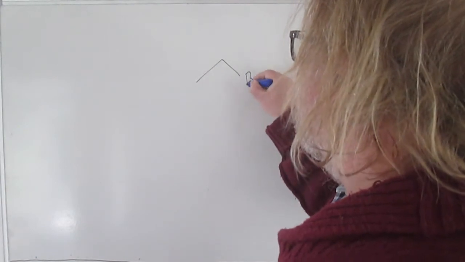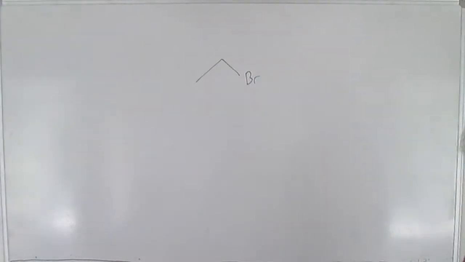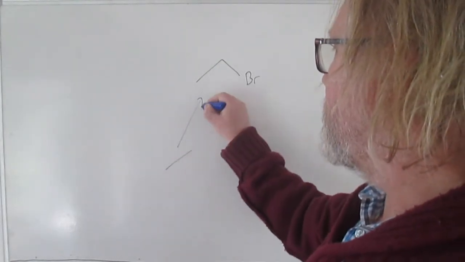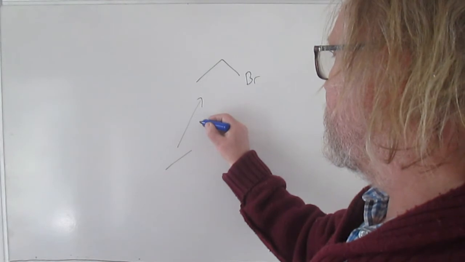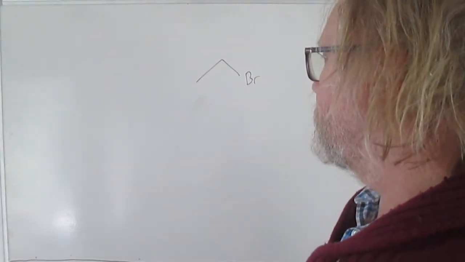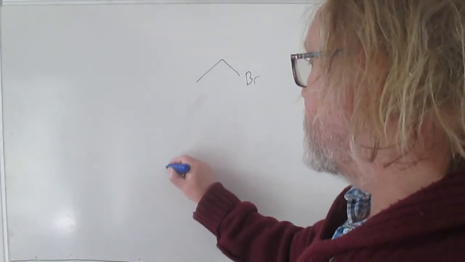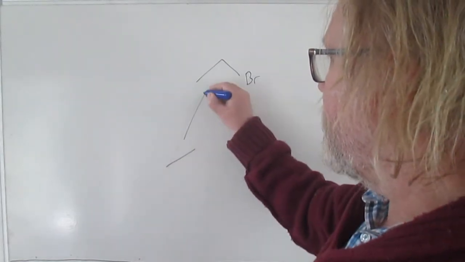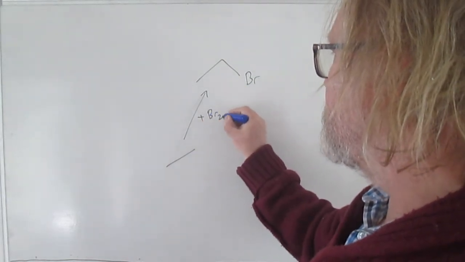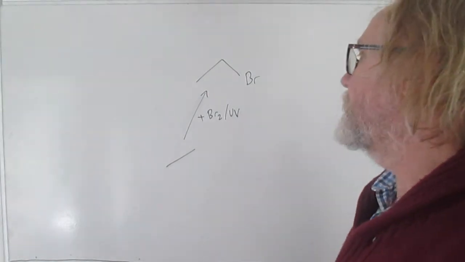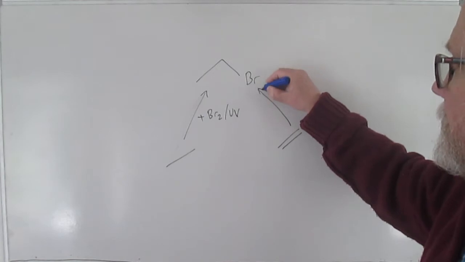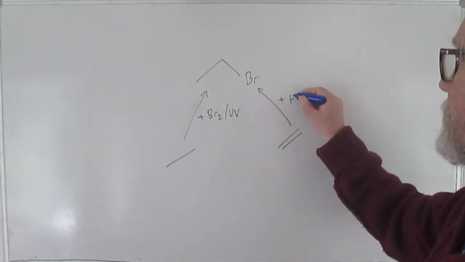ways of making that compound, you could make it from ethene by reacting with bromine, you can make it from ethane by reacting with bromine in the presence of UV light, and you can make it from ethene again by reaction, this time with hydrogen bromide.